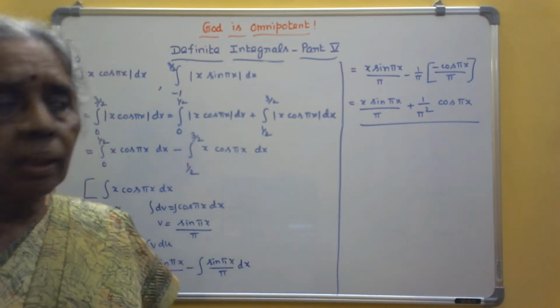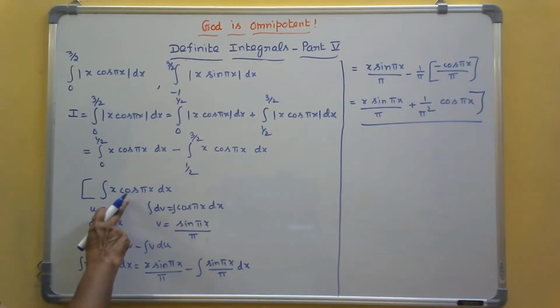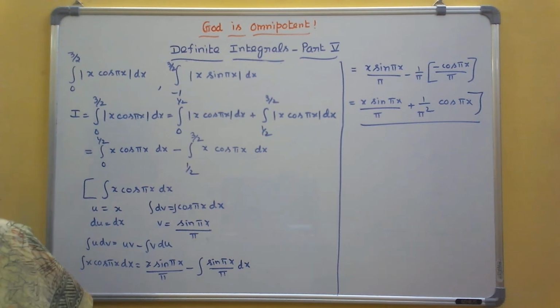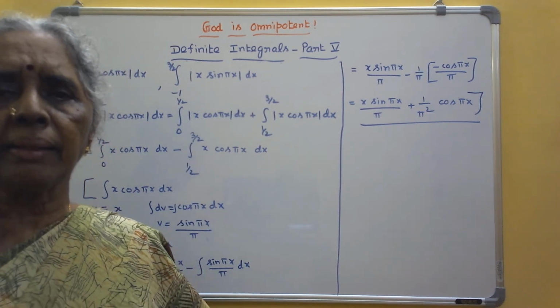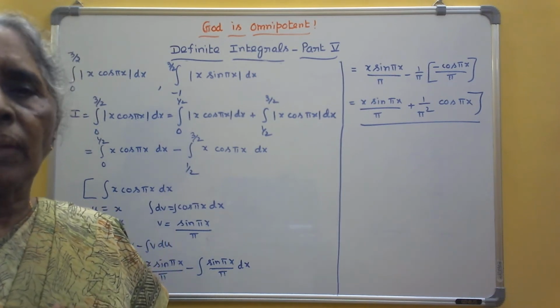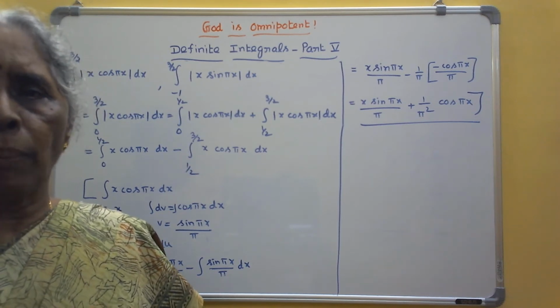So now this result that we have integrated, we are going to apply within the limits. For the first integral it is 0 to half. For the second integral it is half to 3 by 2. We will apply upper limit minus lower limit and then we will solve the problem.